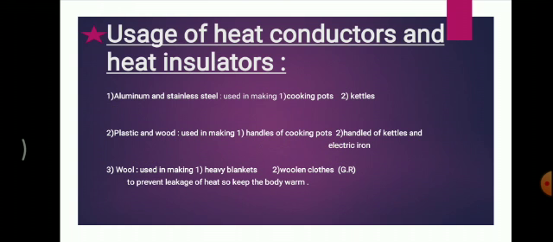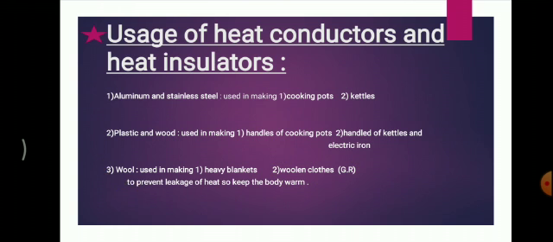The third example is wool. Is wool a good or bad conductor? The wool is a bad heat conductor. So we can use it in making, number one, heavy blankets, and number two, woolen clothes. Give reason: woolen clothes and heavy blankets are made of wool.